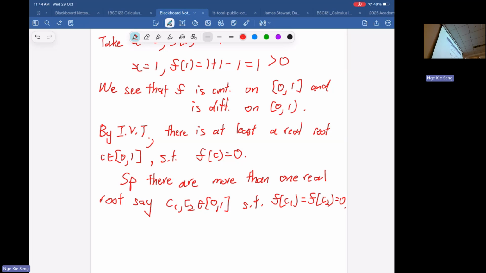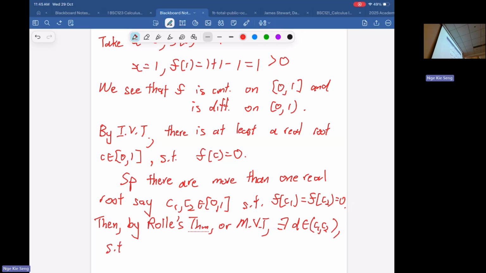Or you can try and find what's the derivative of this secant. Okay. So then either you want to use Rolle's theorem or you want to use the more general version of MVT. Actually, there exists another point in between C1 and C2, in the open interval, such that f prime of d equals 0.